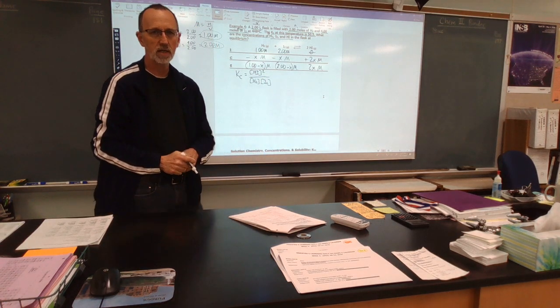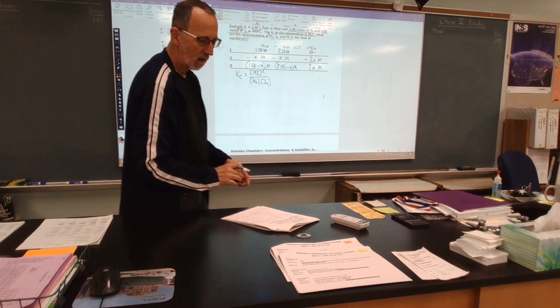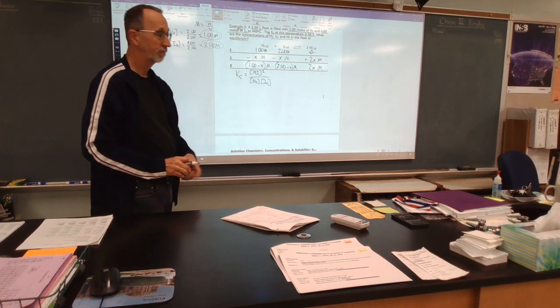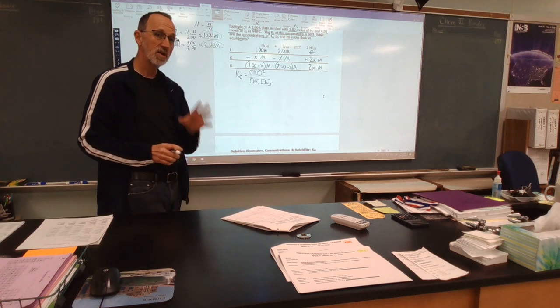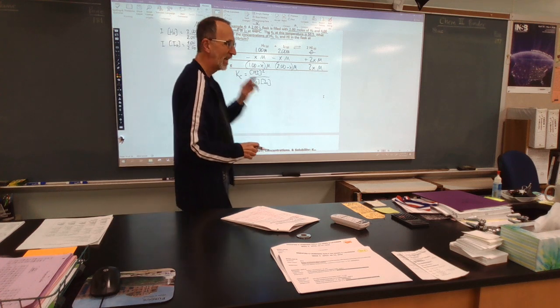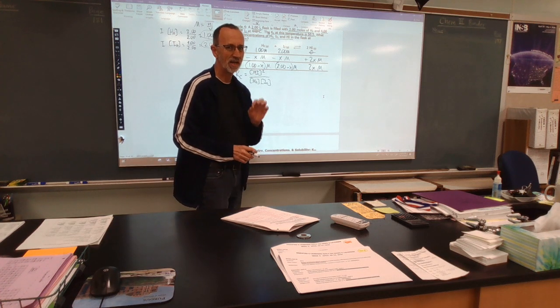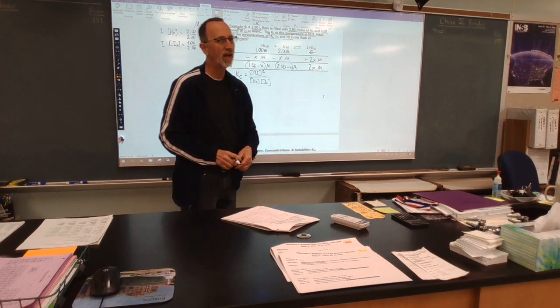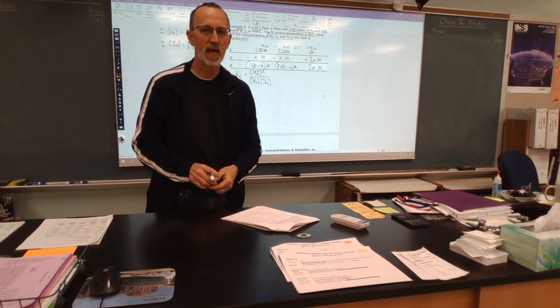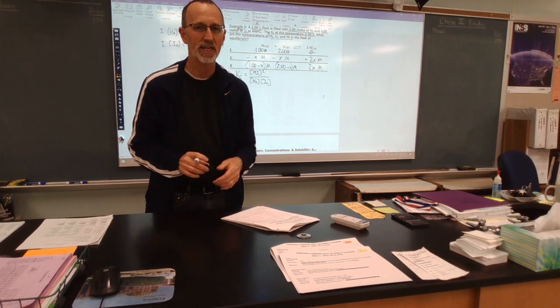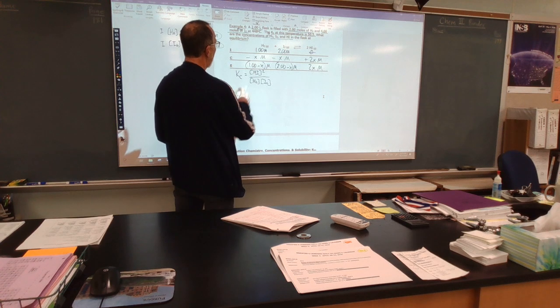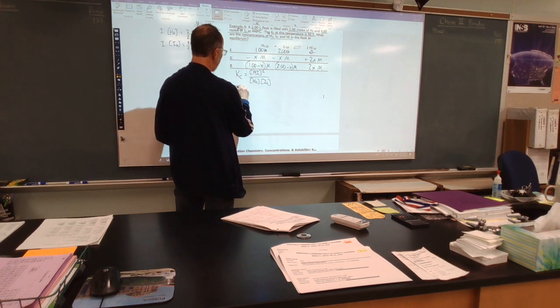So there is our Kc expression. Now we're going to plug in. Remember, when solving for K, you have to have equilibrium values. Well, we don't have values, but we certainly have an expression that relates those values. So Kc is given at 50.5.